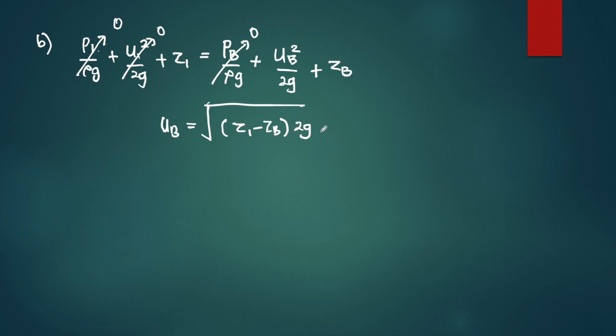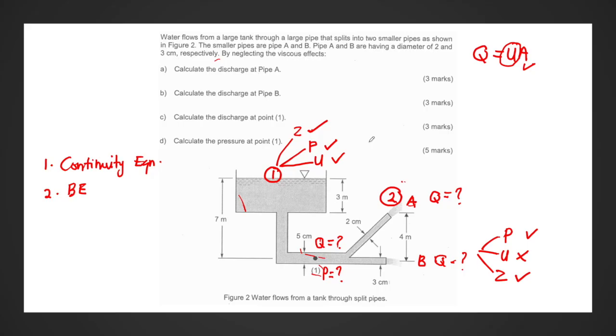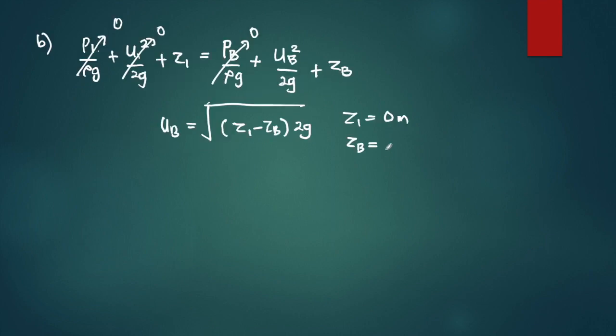Now you have to select. So I will select Z1 as my datum, so 0 meter. What about ZB? So take a look at this figure. ZB is 7 meter below point 1. Therefore, you have to substitute negative 7 in your equation.